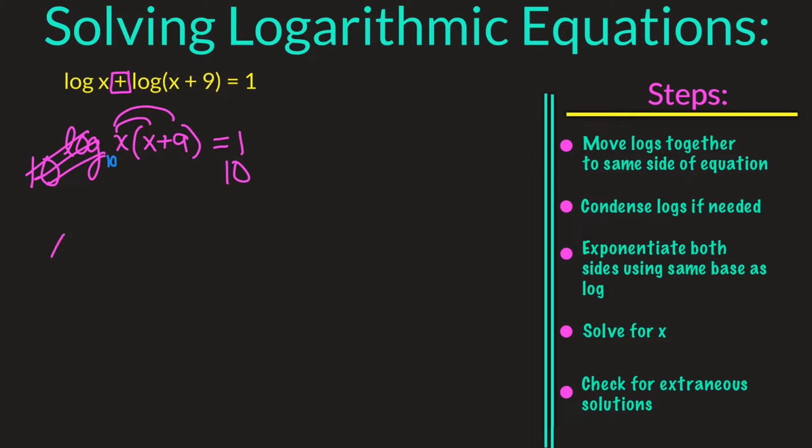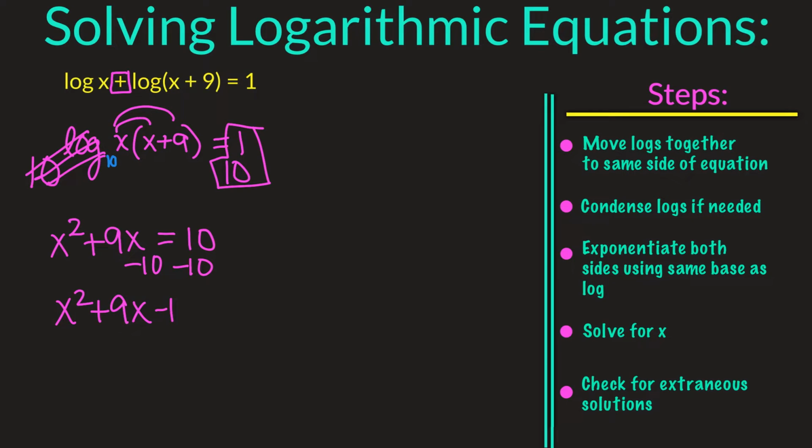So that's going to be x squared plus 9x equals 10 to the first power, which is equal to 10. Now, since this is a quadratic, we know that we need to get everything on the same side. So I'm going to have to subtract 10 over to the left side. So I'm going to have x squared plus 9x minus 10 equals 0.